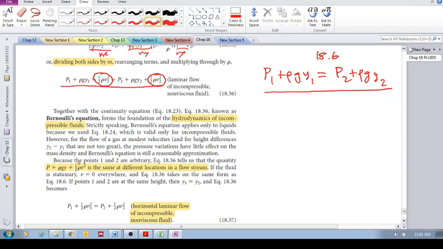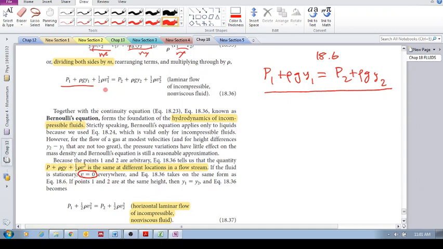Now let's consider again what happens if velocity is 0 everywhere. Then this equation simply becomes this equation. If the velocity is 0, then we are brought back to equation 18.6.